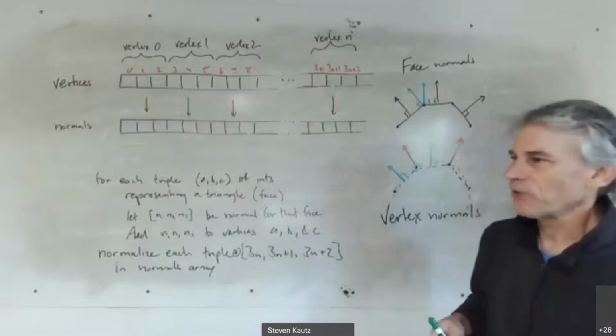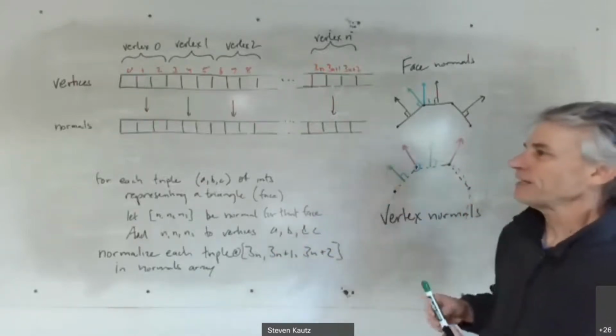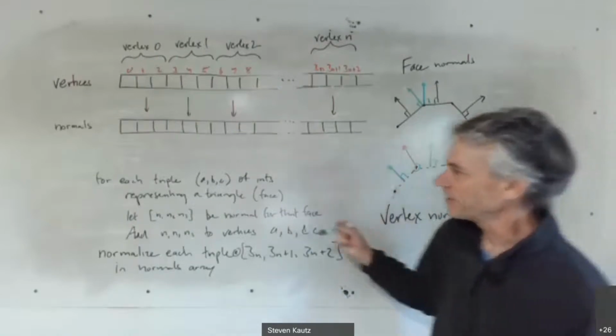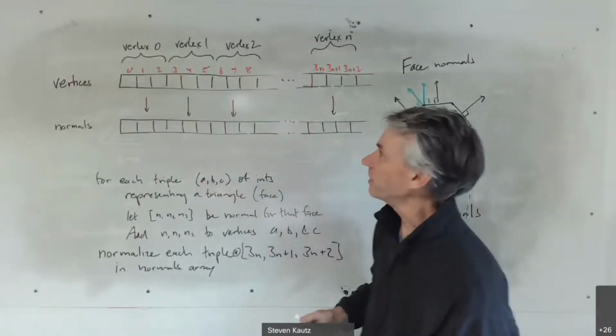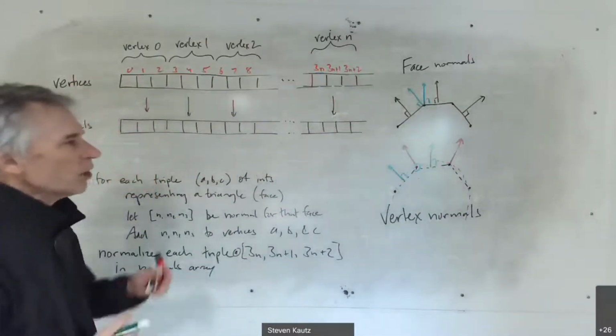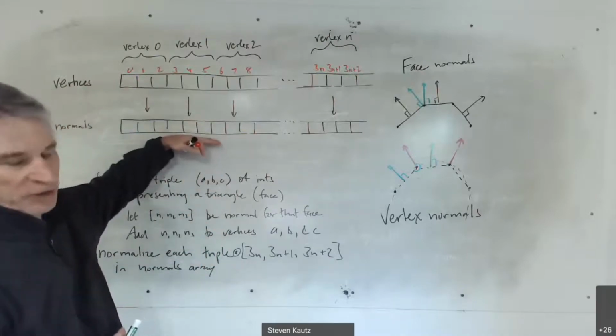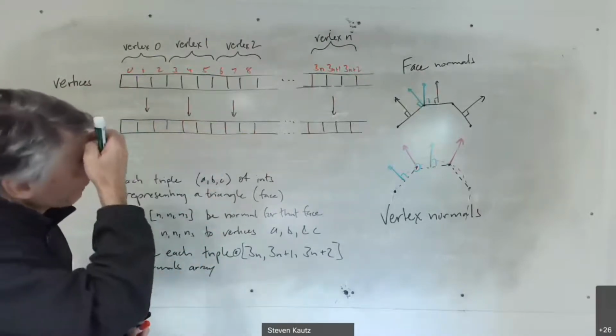So rather than iterating through the vertices and looking for the faces, we iterate through the faces, and every time we find a face that is adjacent to a vertex A, B, and C, we just go ahead and add that normal's coordinates to the corresponding entries for that face.